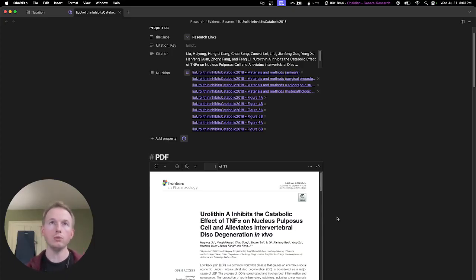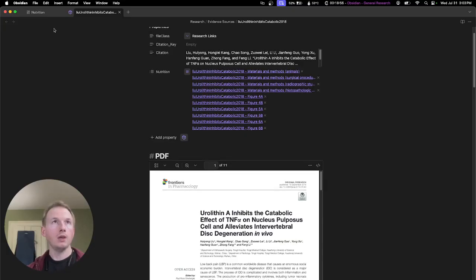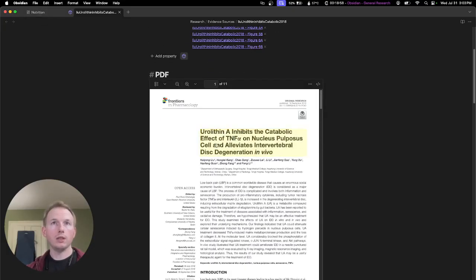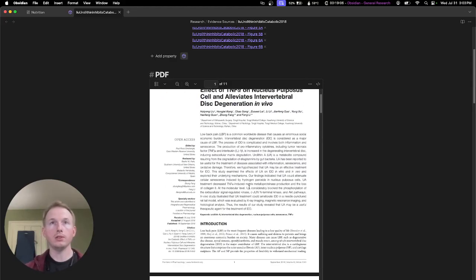And I'm very interested in both of those things. So I wanted to come up with some sort of framework or see if it's worth actually using this supplement. So this is one of those studies. Actually, as the title suggests, this is about intervertebral disc degeneration. It's an in vivo study, which is nice.